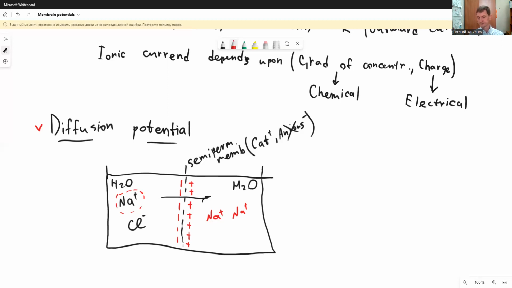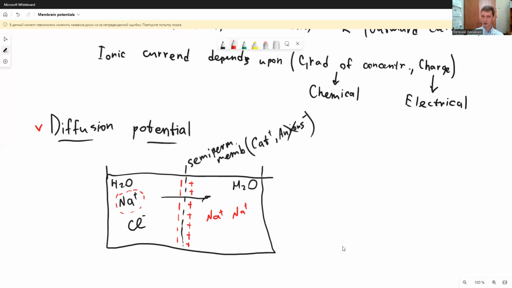And when we leave this system for some time period, we can see achievement of a new steady state when the net movement of sodium in both directions will be equilibrated. When chemical and electrical forces achieve equilibrium, the sodium movement to the right and left sides will be equilibrated. And on the membrane, we can find some value of the charge.